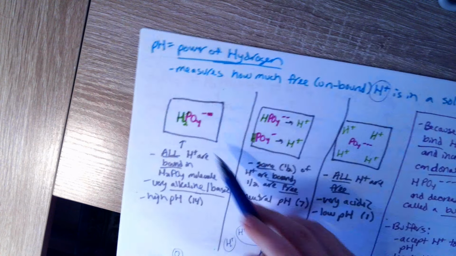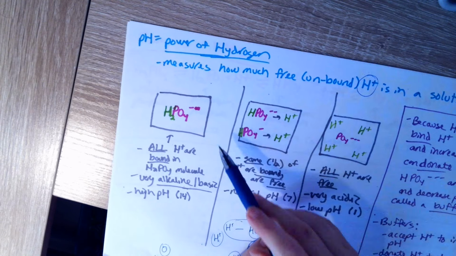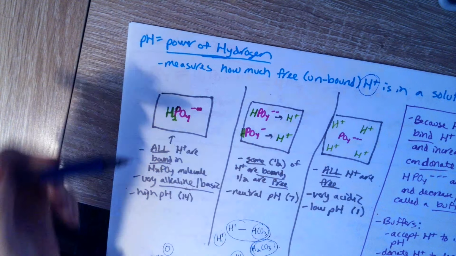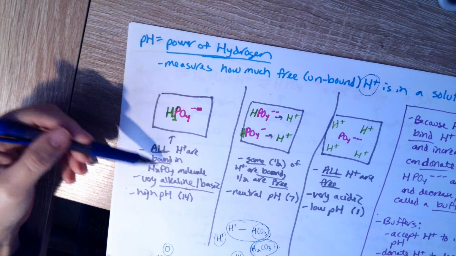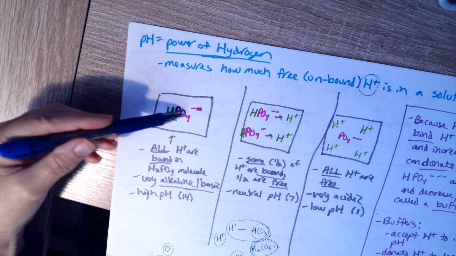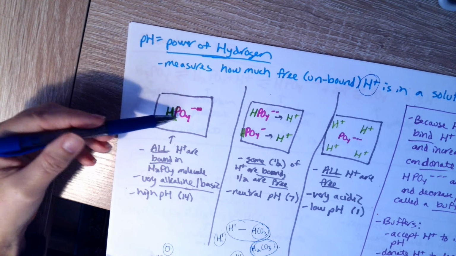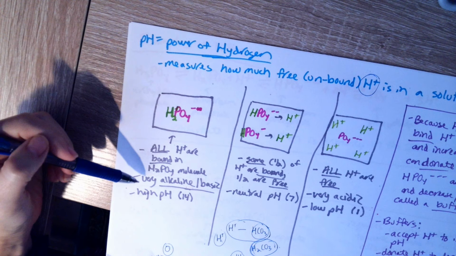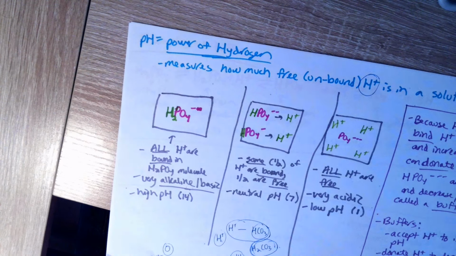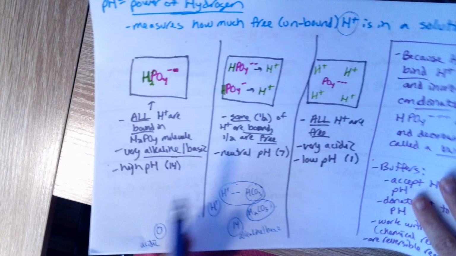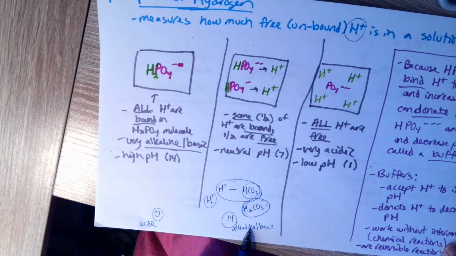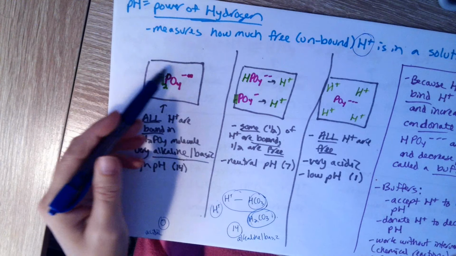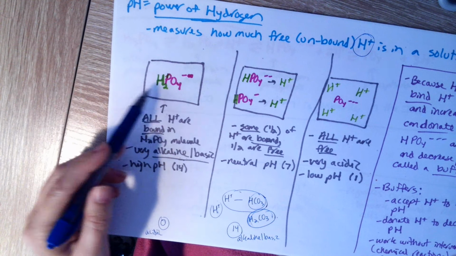So if we look here at these examples, over here, all of the hydrogens are bound to a phosphate group. So H2PO4. PO4 is the phosphate. This would be the very alkaline situation. I'm pointing, the very alkaline situation. This would be a very high pH because we don't have any free hydrogens floating around.